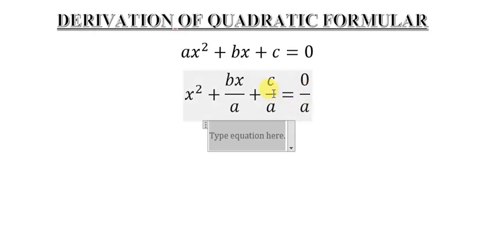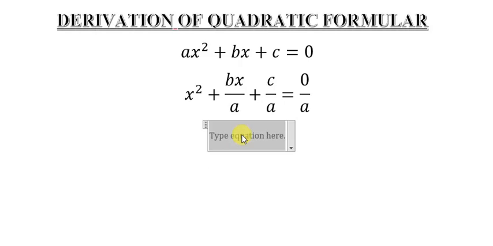In other words, we try to move it from here by adding the additive inverse of the constant term to both sides of the equation.